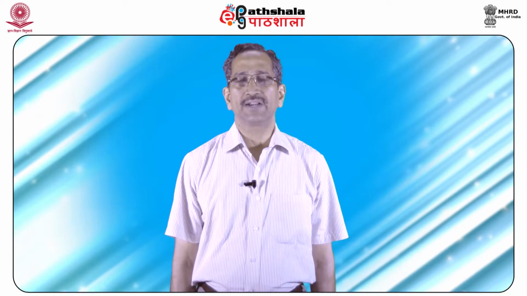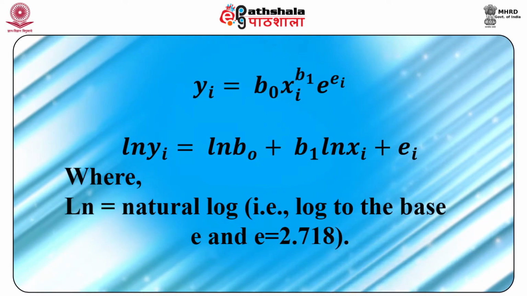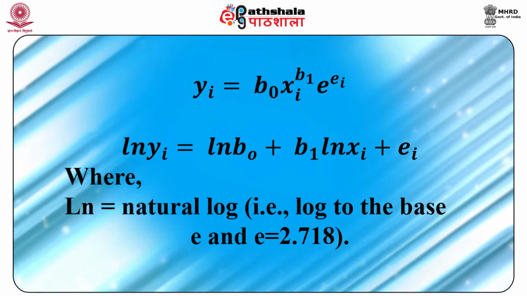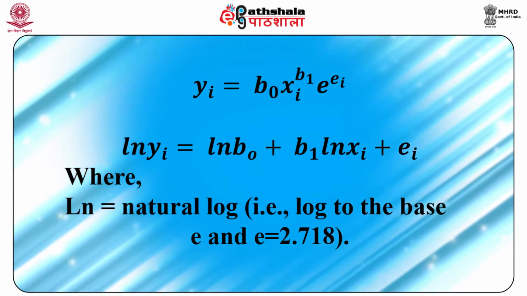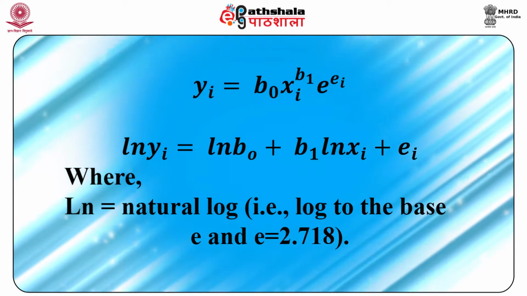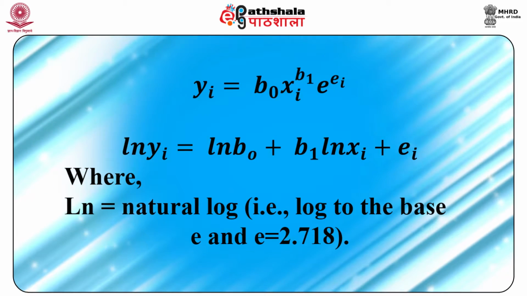First, let us look at the log-log model. Let me repeat again, this model is used mainly in production functions or demand functions, and we can have an exponential regression model which is expressed as yi is equal to b0 into xi raised to power b1 into e raised to power ei.